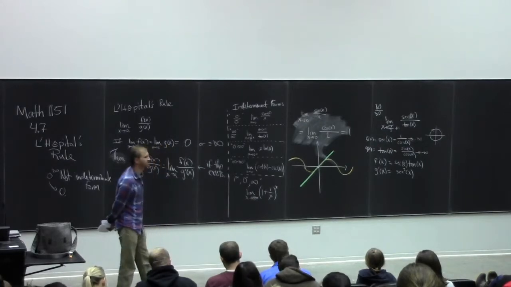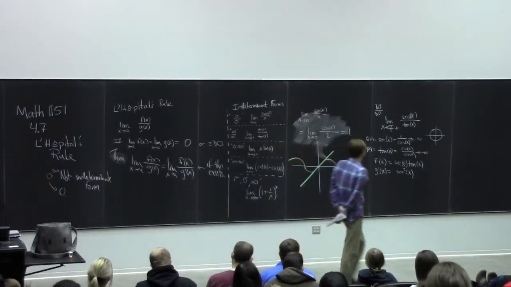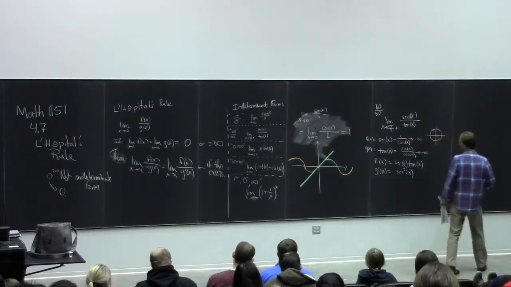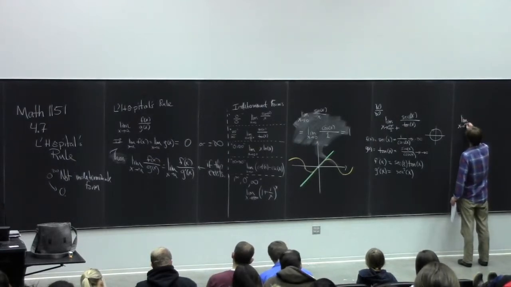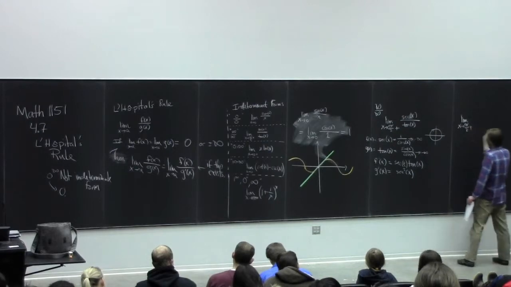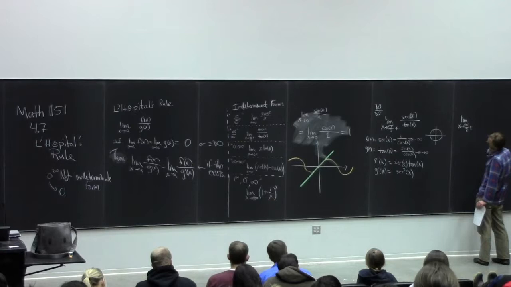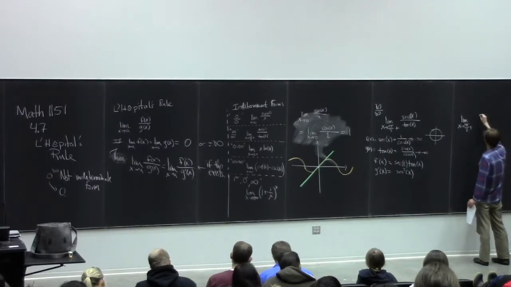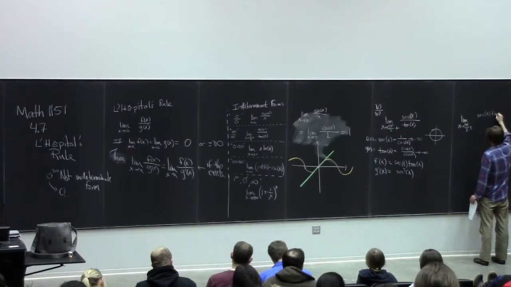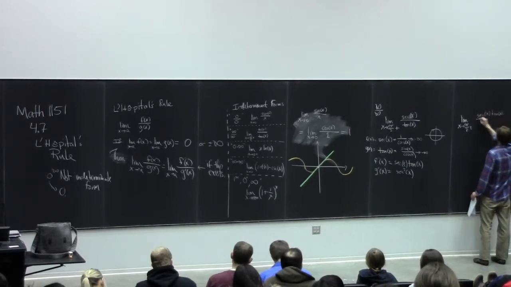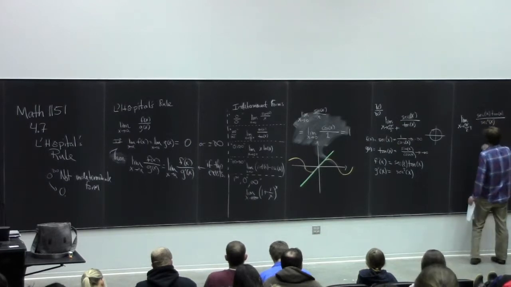So by L'Hopital's rule, what we should do is look at the fraction now. And this fraction is kind of nice because now the limit as x goes to pi over 2 from the right is going to be secant of x tangent of x all over secant squared of x.